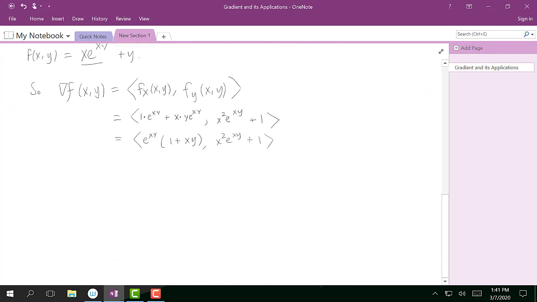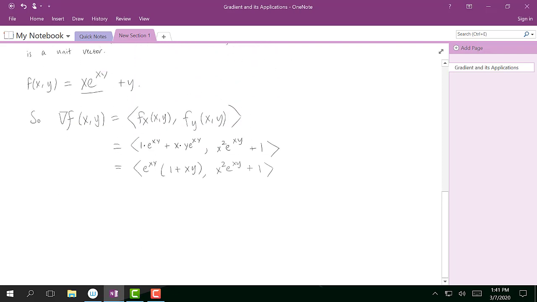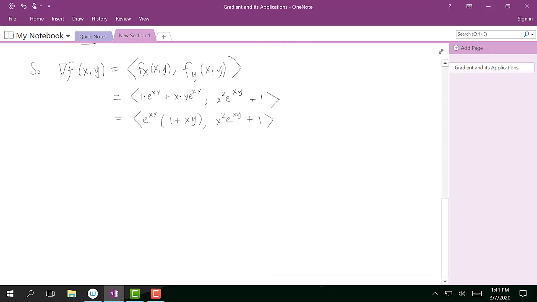And so what we're going to do is take the gradient of f, evaluate it at 2, 0. What we get is e to the 2 times 0, 1 plus 2 times 0. Then we get 2 squared e to the 2 times 0 plus 1. And then what we get is, well, e to the 0 is going to be 1.